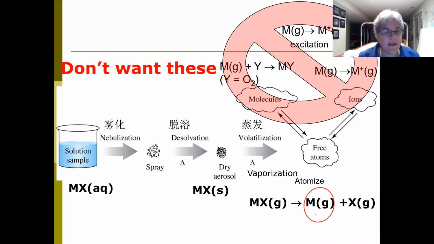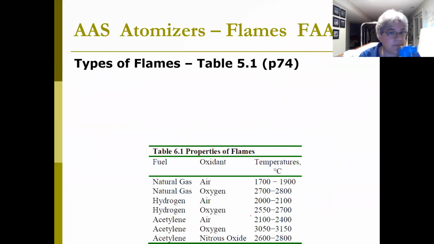Okay, now, again, how do I atomize? What do I use to do this process? Well, as I've already mentioned, the most common way to do this is to use a flame. So if we use a flame, sometimes you'll see FAAS, that's flame atomic absorption spectroscopy.